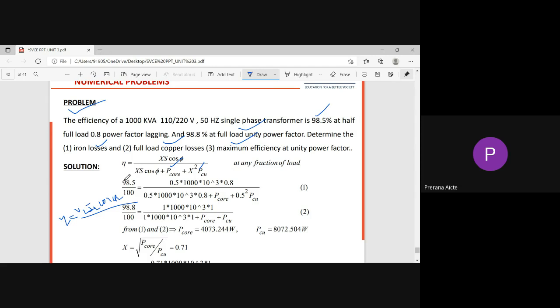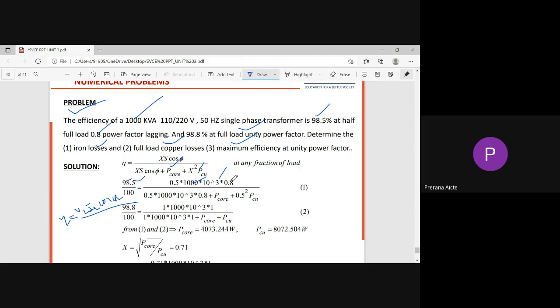So first, 98.5 by 100 efficiency. Half load means 1 by 2. Rating 1000 kVA means 1000 into 10 to the power of 3.